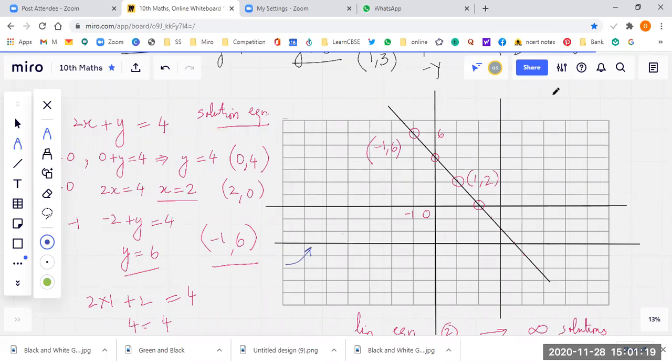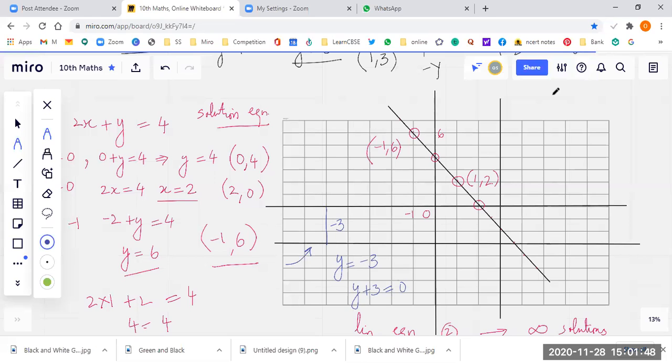So the equation of this line: measure this distance first. This distance is 3. But because it is below the x-axis, I will take it as -3. I will write the equation of this line as y is equal to -3, or y + 3 is equal to 0.